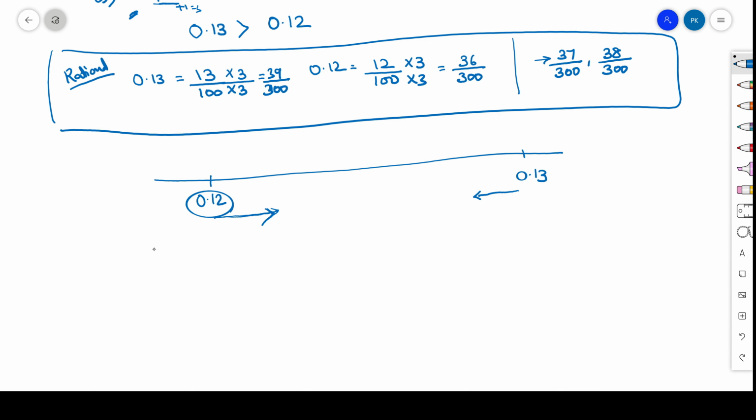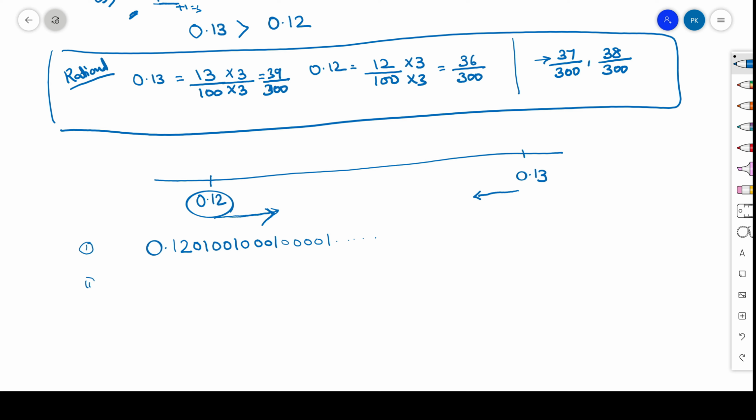So the next number which can be irrational and lie on the right hand side of 0.12 will be 0.12 01 001 0001 00001 and so on. So this can be our first number.